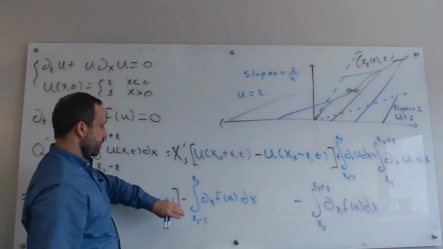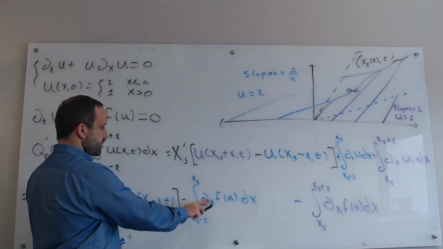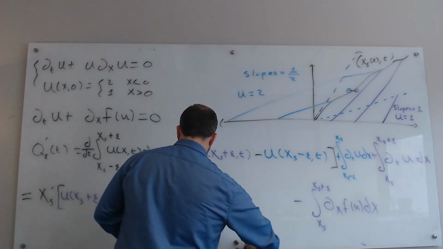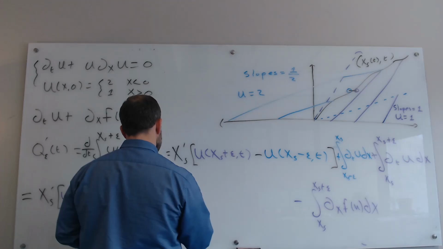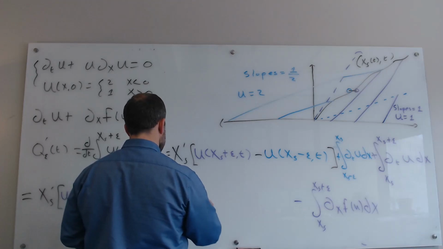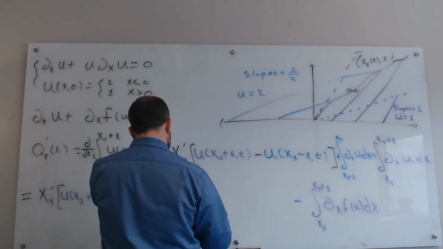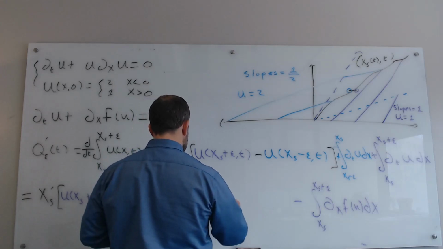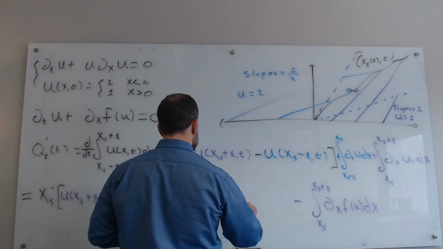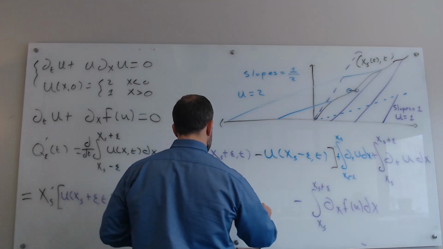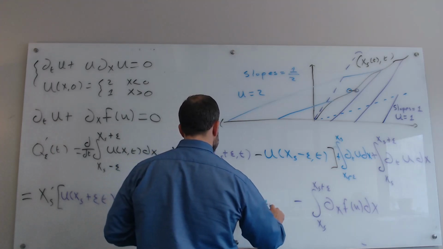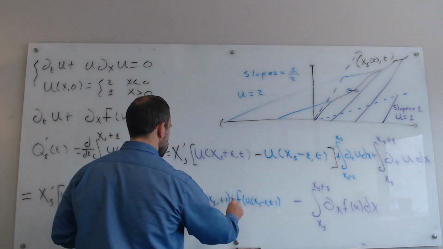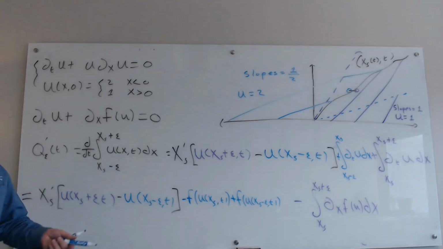there. Or with the minus sign, it's going to be f of u evaluated there plus f of u evaluated there. So we're going to get minus f of u of xs comma t minus f of u of xs minus epsilon comma t. Plus, it's a minus, so it's going to be a plus there.